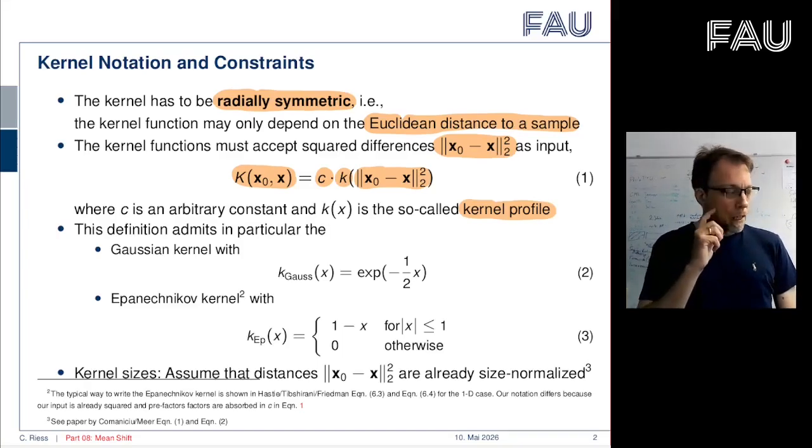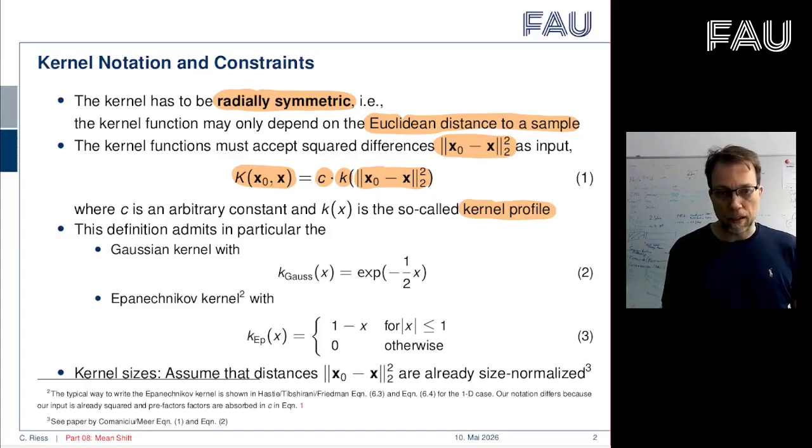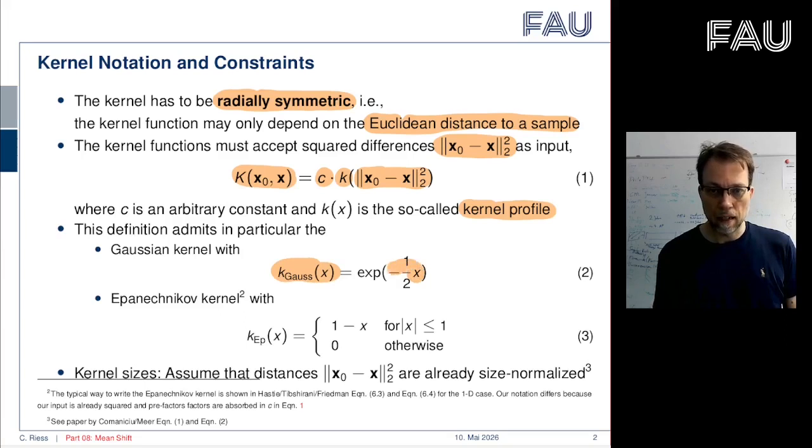If we think about what we can express with such kernel profiles, well, we can, for example, encode a Gaussian kernel by saying, well, we take that Euclidean distance and put it into the exponent of an e.